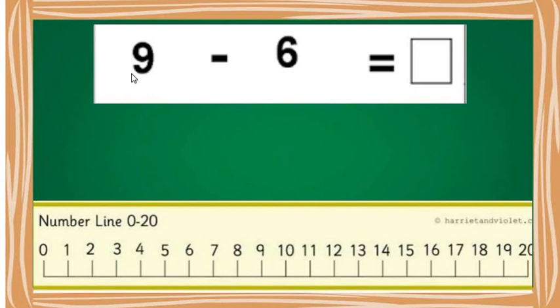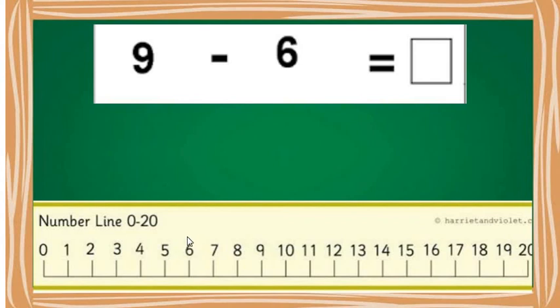Look, the sum is 9 minus 6 is equal to what? Now look at the number line. Here we have the number line of numbers 0 to 20. What does it mean, my dear students? That number line can be made up of infinite numbers.